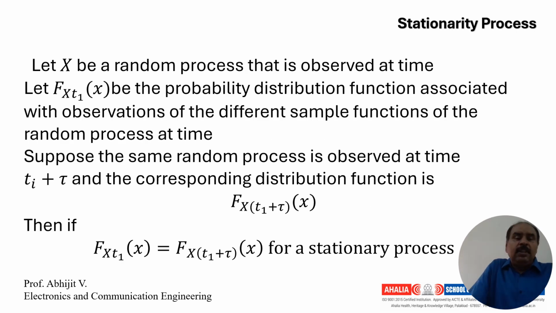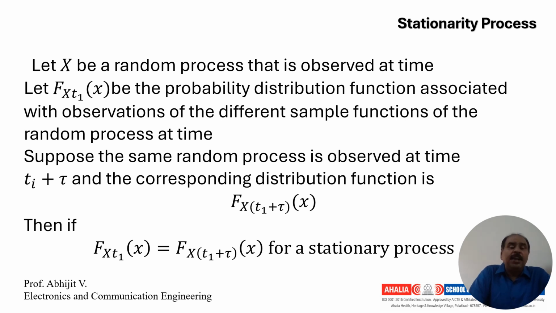So now let's consider X to be a random process that is observed in time. That means X is a stochastic process. Let Fx of t1 be the probability distribution associated with the stochastic function at different samples of time.